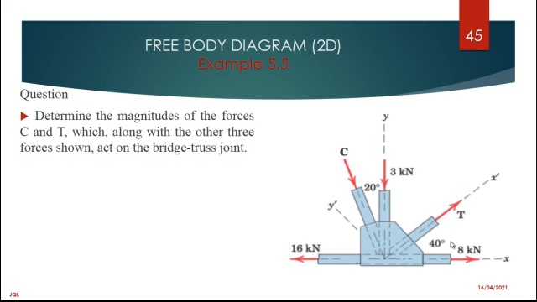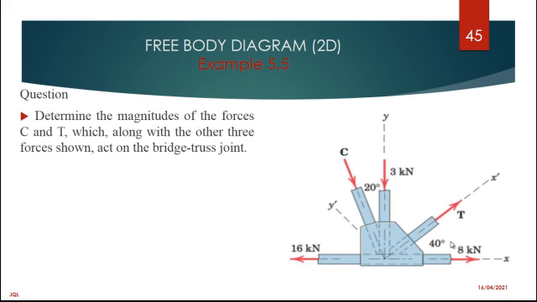To solve this problem, you can either use the scalar method or the vector method. The vector method is where we use the unit vectors, the I and J. This is two dimensions.